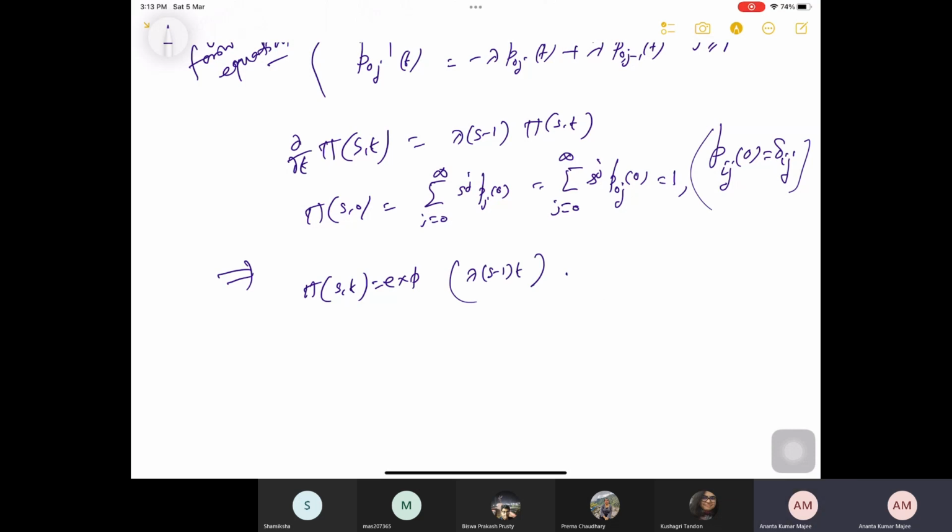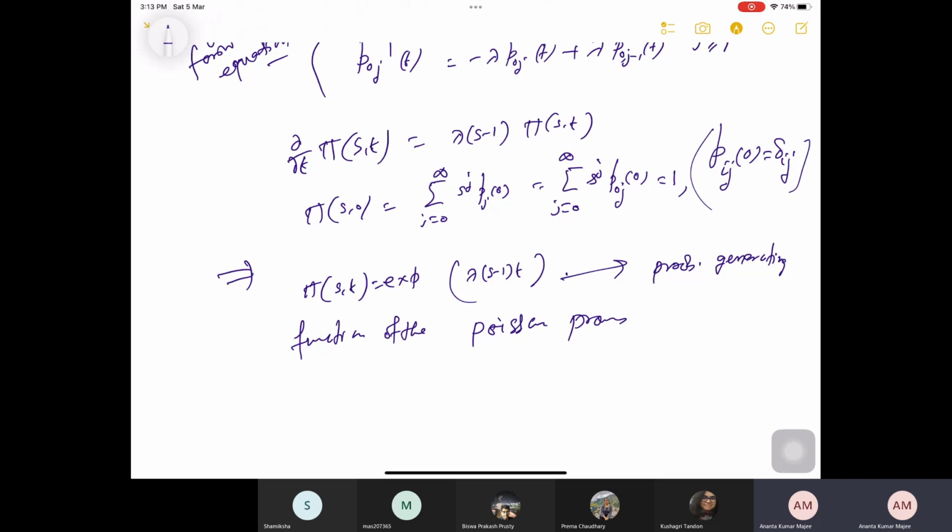Okay, which is nothing but the probability generating function of the Poisson process, is it not?